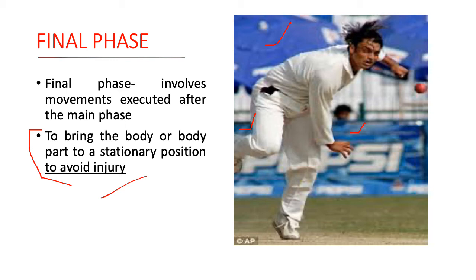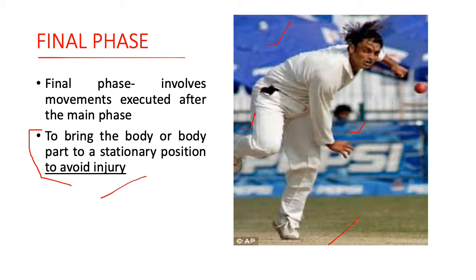This is one. Secondly, with respect to the game, that is also important. In this part, you also keep in mind that I don't have to attempt a foul. So he doesn't want to bowl a no ball here. This is also in his mind, that I don't want to do the no ball because it is a disadvantage for him, right? So you don't attempt a foul. That is also in your mind.